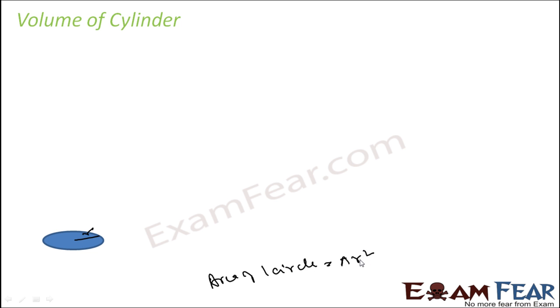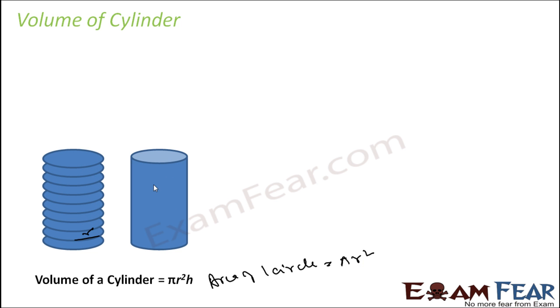Pi r square. Correct? And now if you have multiple circles piled up together to form a height h, what will be the volume of the whole thing? The volume of the whole thing will be area of circle into height. That is pi r square into h.